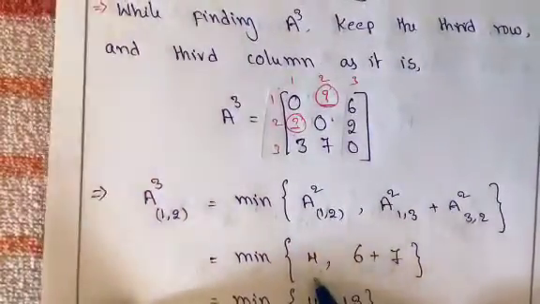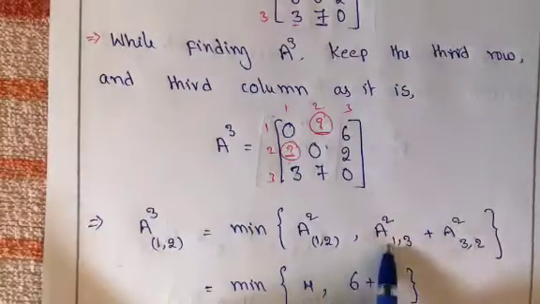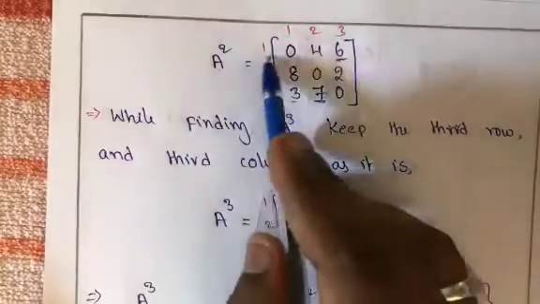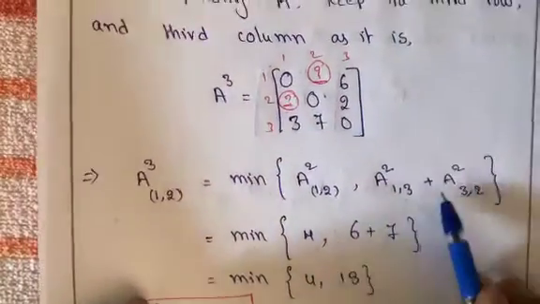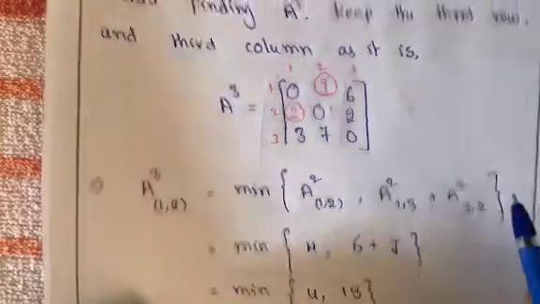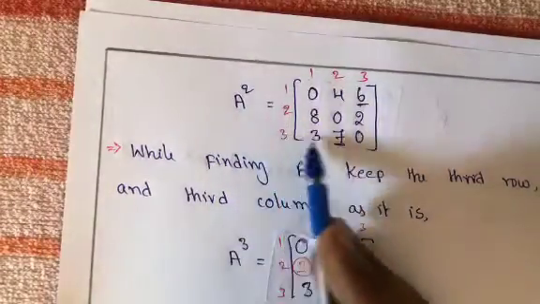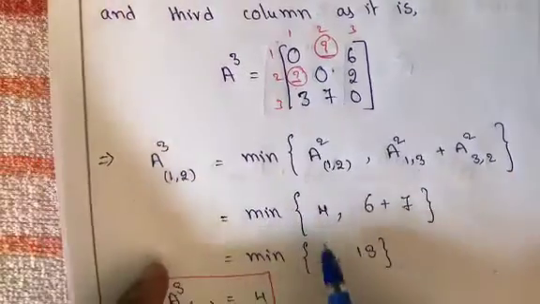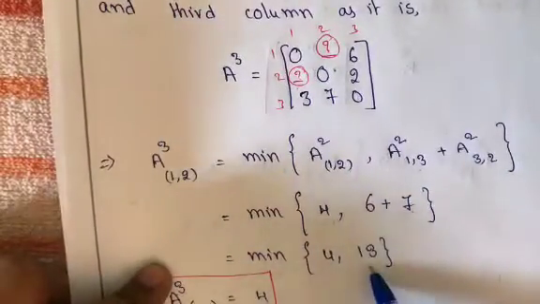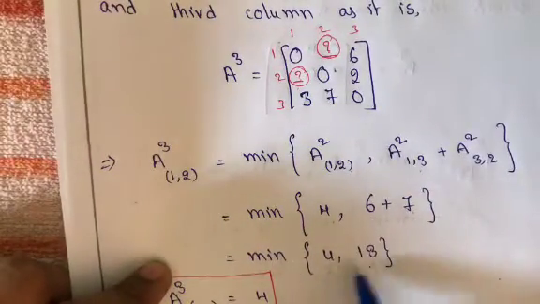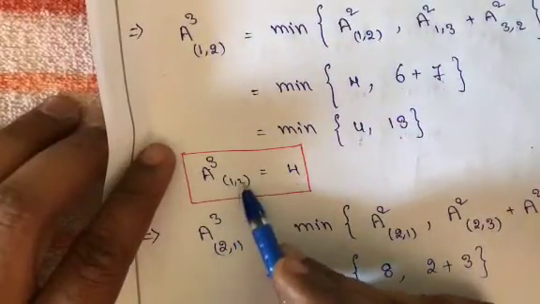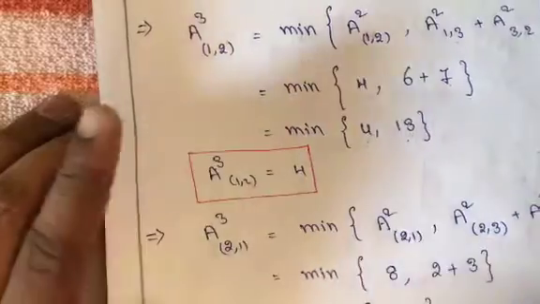A2 of 1 comma 3 is 6, plus A2 of 3 comma 2, which is 7. So 6 plus 7 is 13, and the minimum of these two values is 4. So A3 of 1 comma 2 is equal to 4.